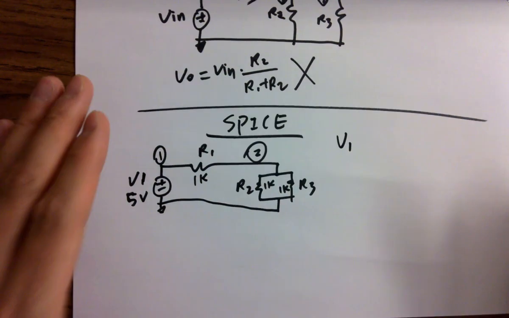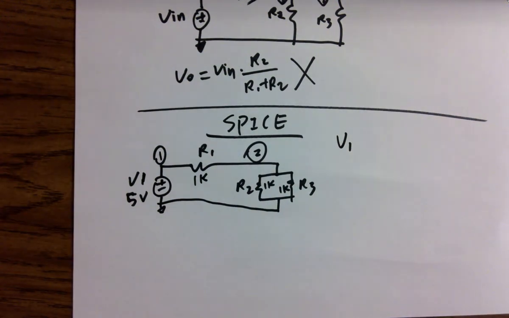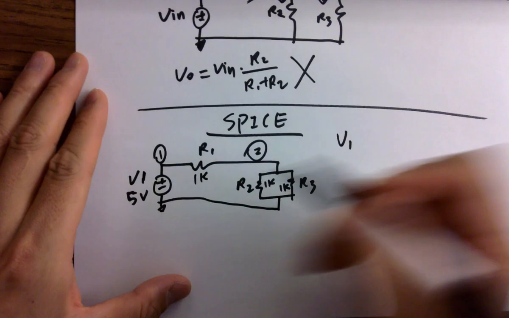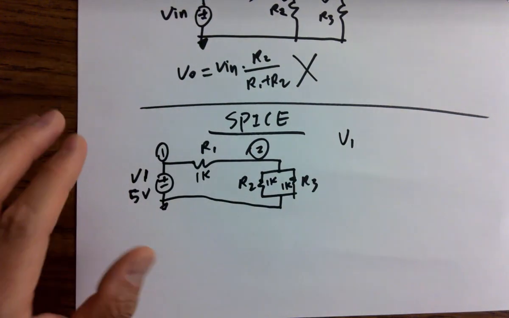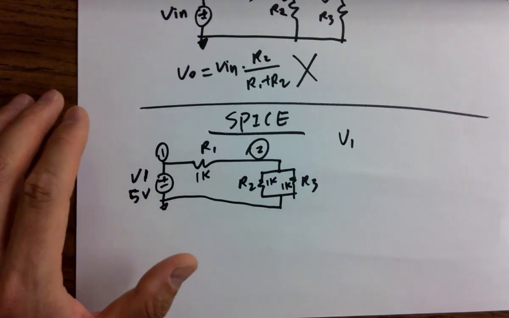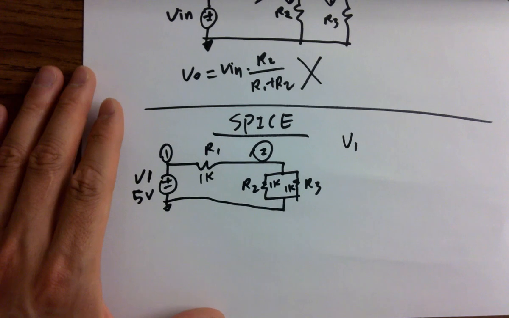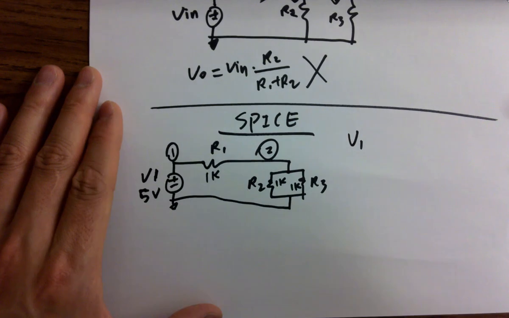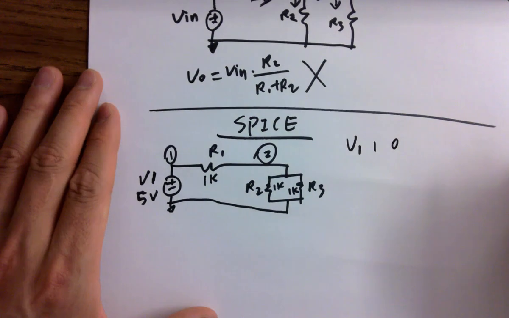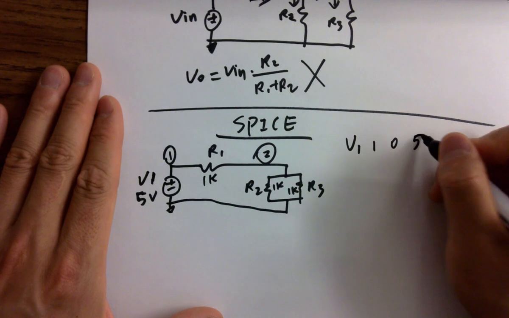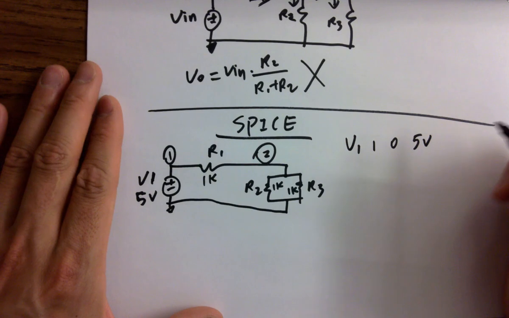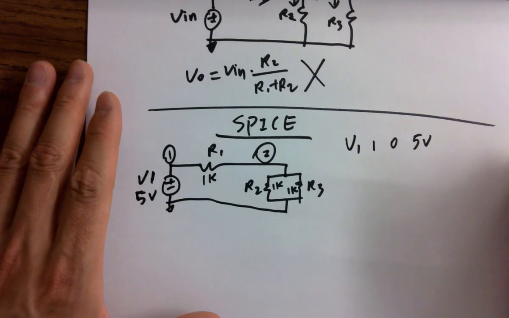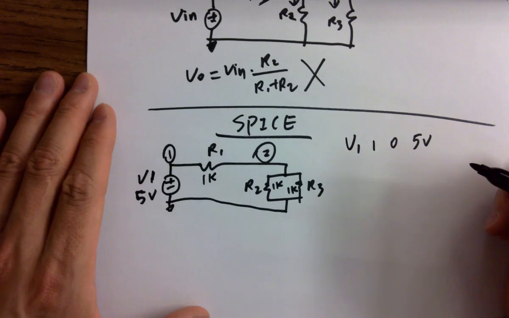V1. You type it directly, doesn't matter lowercase or uppercase, it always recognizes the V. So for a voltage source, you are putting in the order of the voltage drop. So it's dropping from 1 to 0, right? So put a 1 here and 0 here. And 5 volts. You could put a 5V or just put a 5. The default unit is volts.